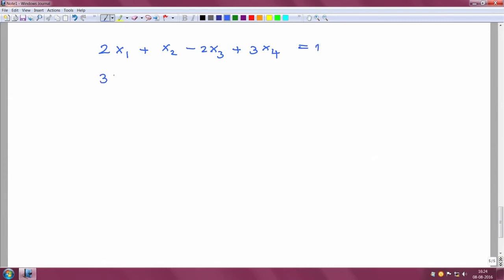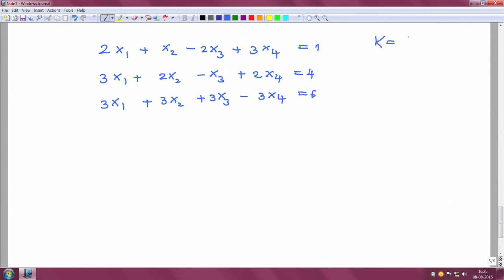The second equation is 3x1 plus 2x2 minus x3 plus 2x4 equal to 4. The third is 3x1 plus 3x2 plus 3x3 minus 3x4 equal to 6. The field we are working in is the field of rational numbers.